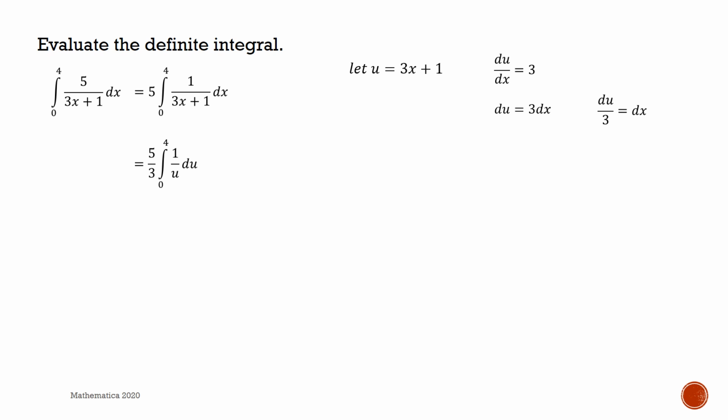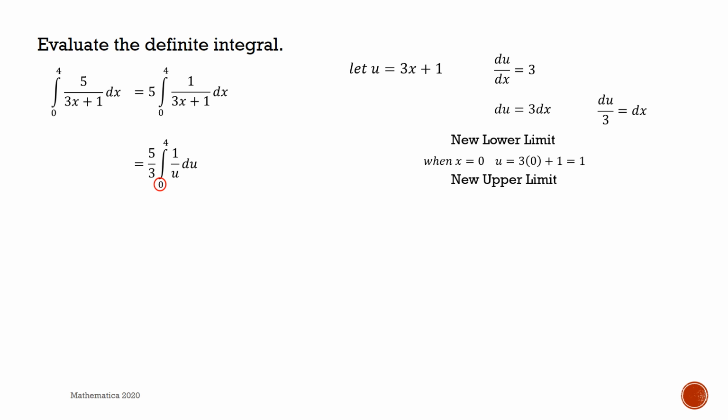And because I'm going to evaluate this in terms of u, I need to find my new lower limit. How do we find a new lower limit? Well, originally in terms of x it was 0, but now I'm going to replace 0 into my u function, which is 3x plus 1, and evaluate. And I get my new lower limit, which is 1.